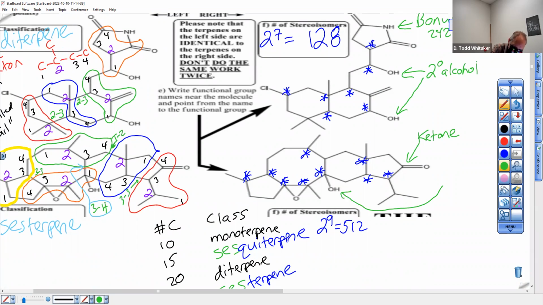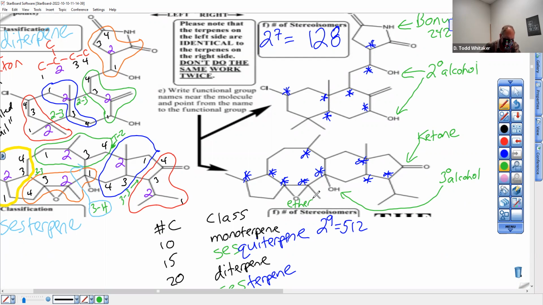What is it? Tertiary alcohol. What do you call COC? And neither C is a carbonyl. Ether. Good. I was pretty happy with your functional groups too, everyone. I was. You did a good job.